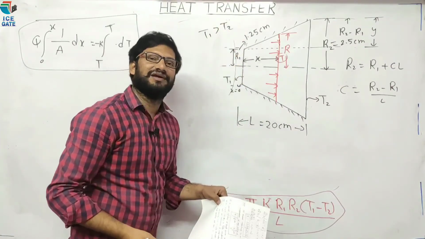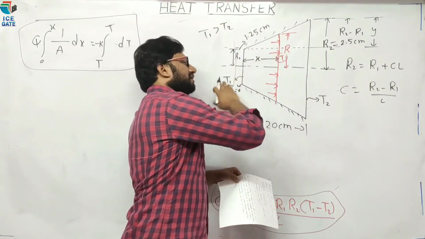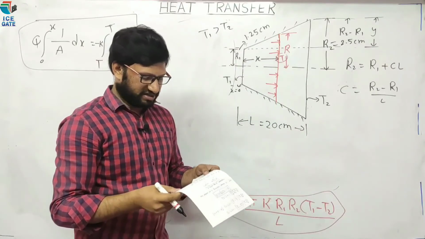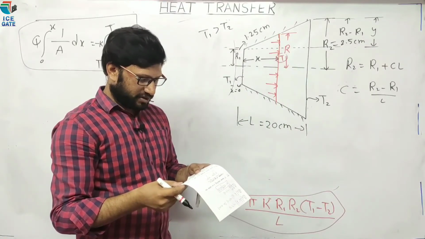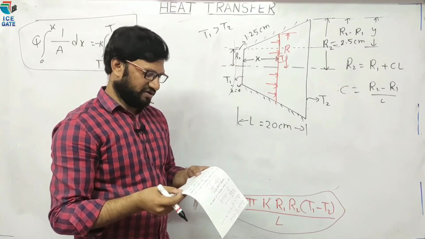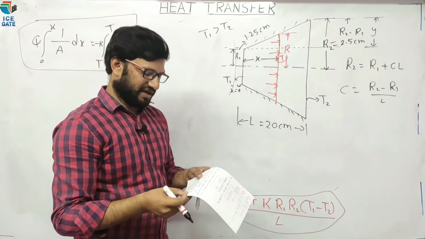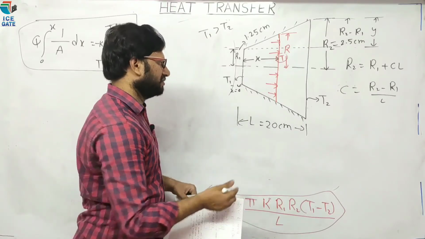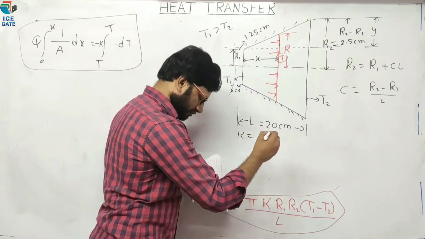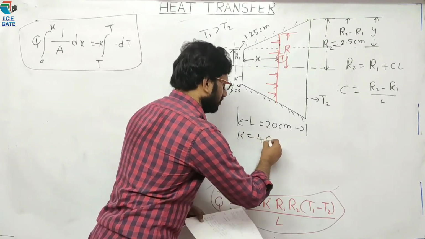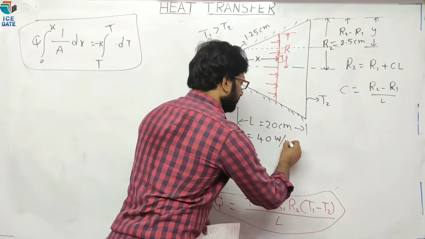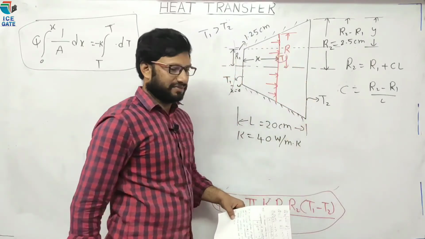Therefore, heat transfer takes place from T1 to T2. Consider one-dimensional steady-state heat flow. Calculate the heat transfer. Take thermal conductivity K equal to 40 watt per meter Kelvin.